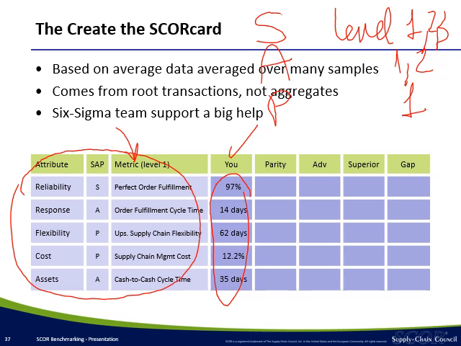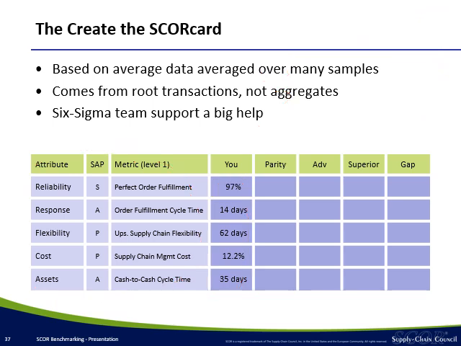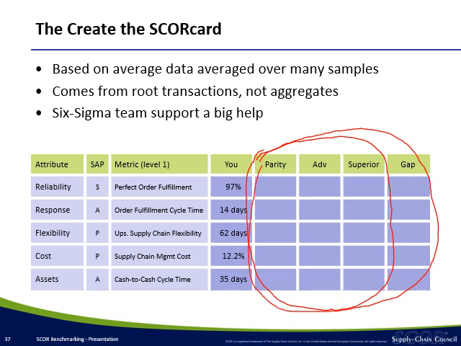The extra step is we need to go to APICS, the owner of the SCOR, and buy this data. If I am doing a certain business in a certain sector, what is the performance of similar companies? If I'm making bread, what is the performance of companies that are making bread in Egypt?